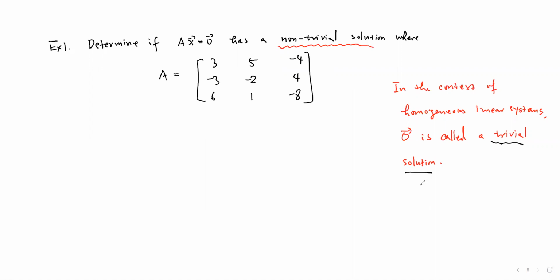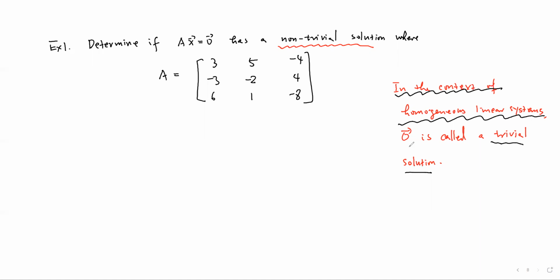For non-homogeneous linear systems, we don't say trivial solution. Only in the context of homogeneous linear systems, because 0 is always a solution. So 0 is a trivial solution.